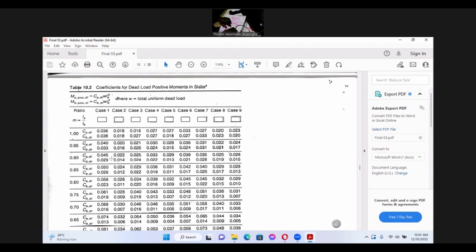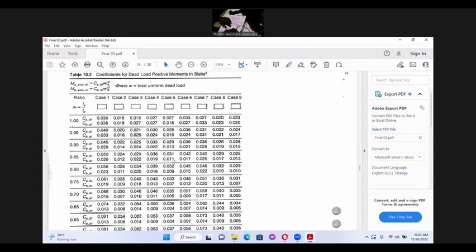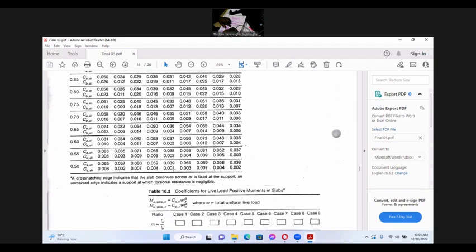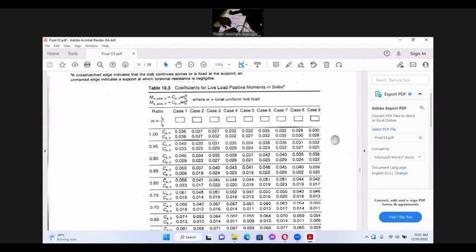You can see the coefficients are very different. When it is continuous on all four edges, the moments are nearly half the values. And here you can see when it is continuous, the moments are much lesser than the simply supported case. Bashita, can you see these differences?